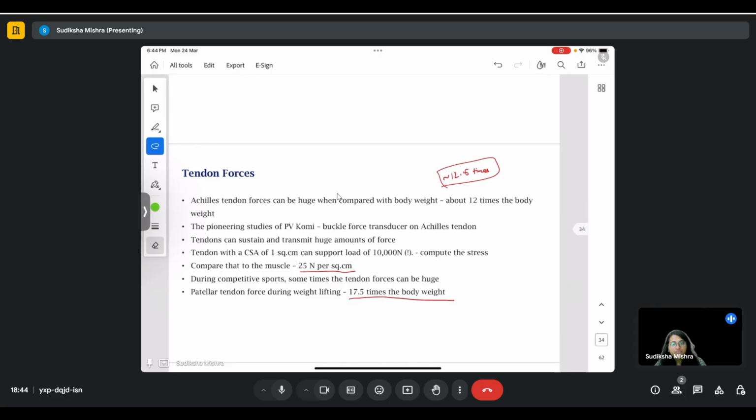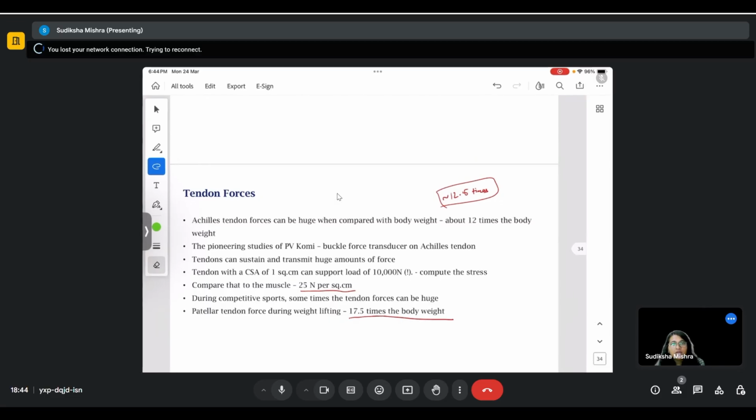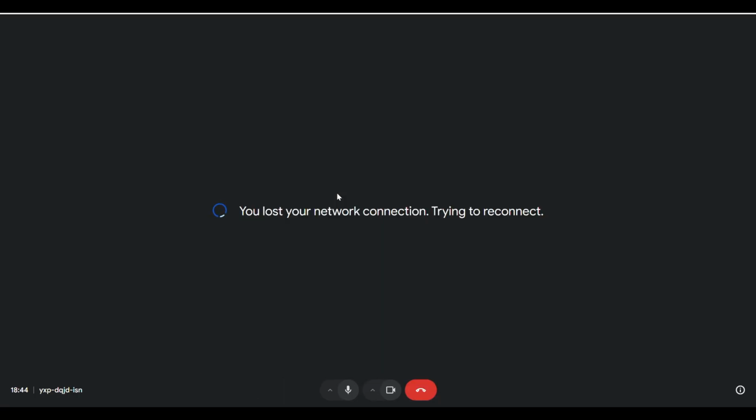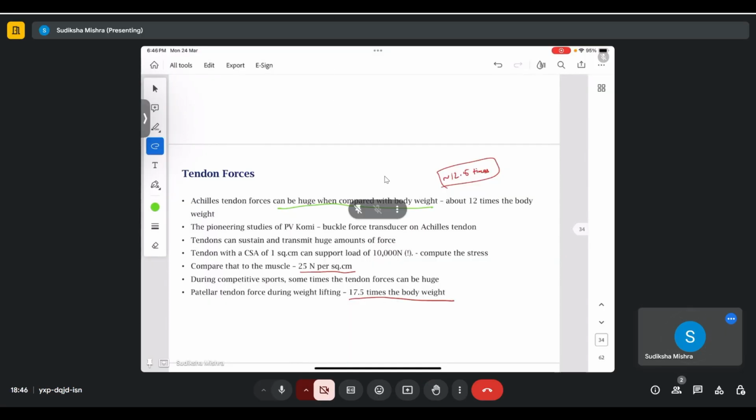In the Achilles tendon, the forces produced can be huge when compared to the body weight. Sorry for the delay. Okay.